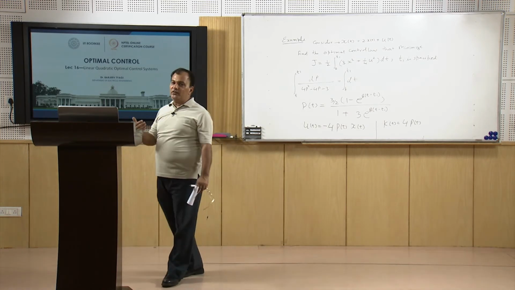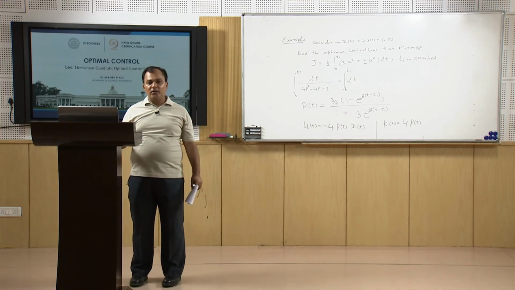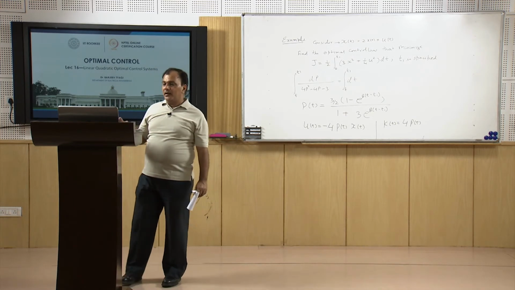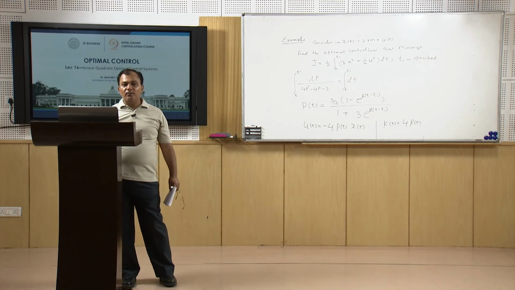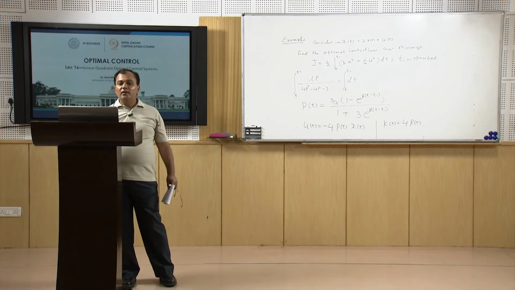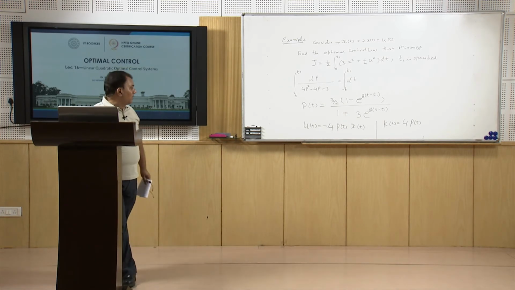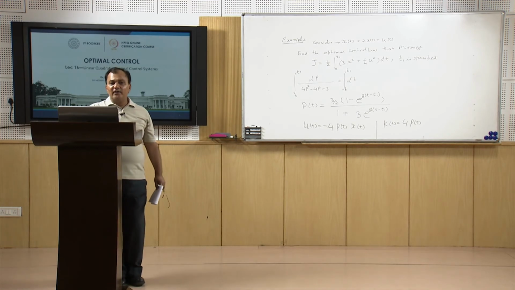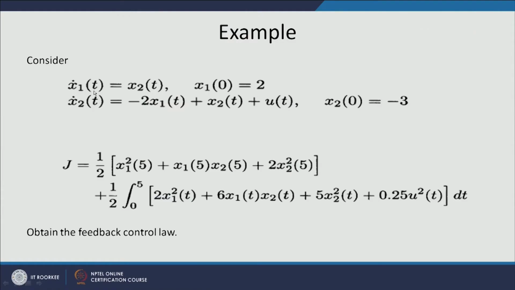For a first order system, I have only the single equation, but as the order of the system increases, the number of equations will also increase. So, we take another example with x1 dot(t), x2 dot(t). We consider a second order system with initial conditions x1(0) as 2, x2(0) as minus 3.